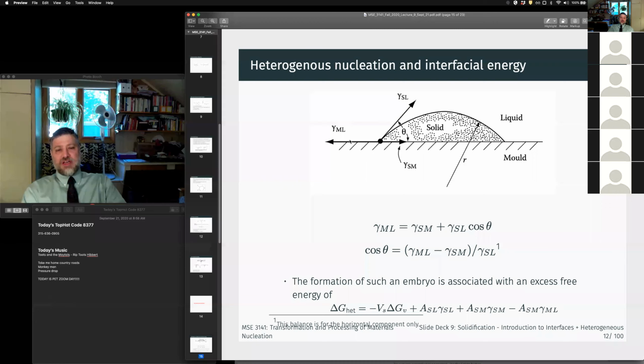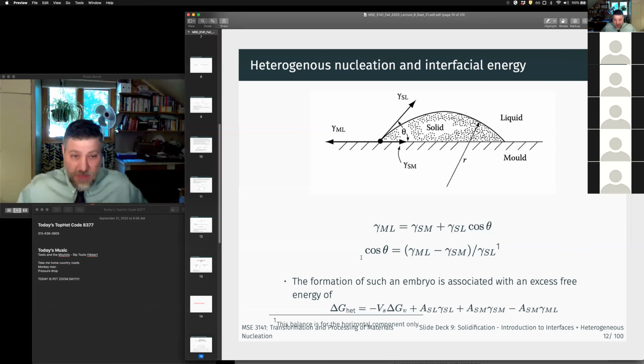The surface energy of the liquid mold or liquid substrate interface has to equal the surface energy of our solid substrate or solid mold plus the surface energy of the solid liquid times cosine theta, right? And so from this, we can calculate what our dihedral angle should be if we know these surface energy terms.